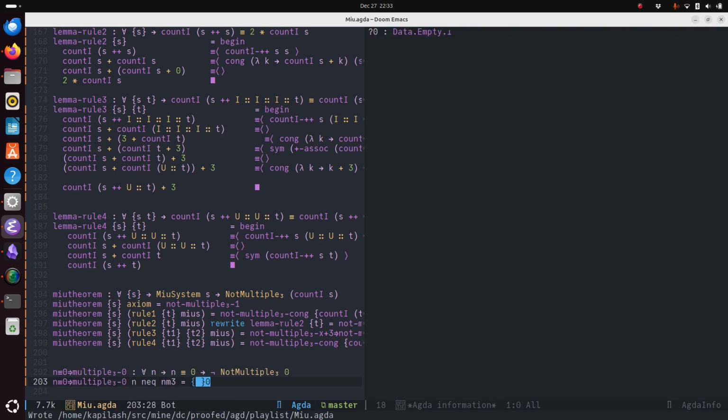This is just a matter of convincing Agda that no matter what constructor we use, we end up in an absurd state. That is, we are now trying to prove that if n is equal to 0, n is not a multiple of 3.